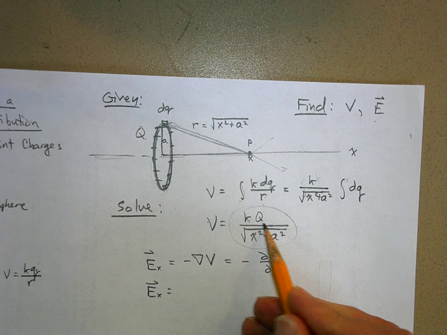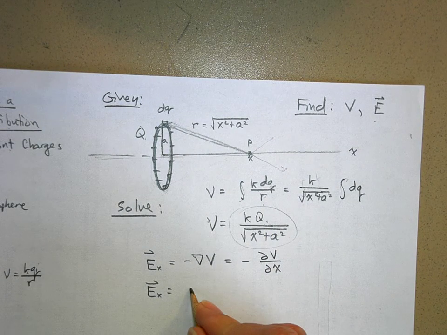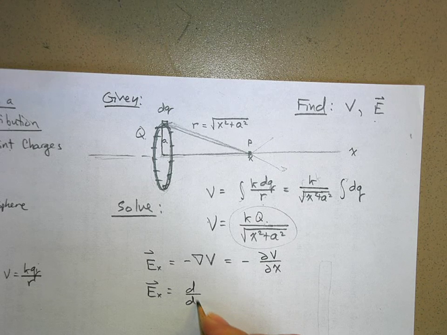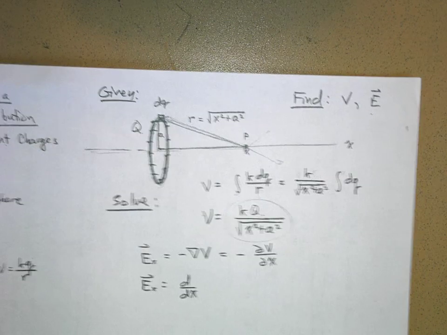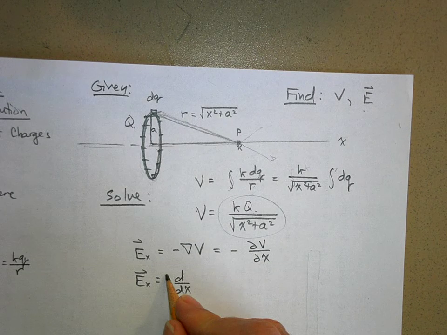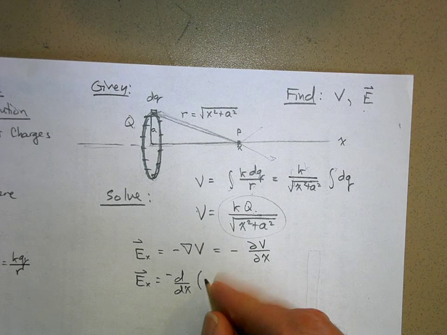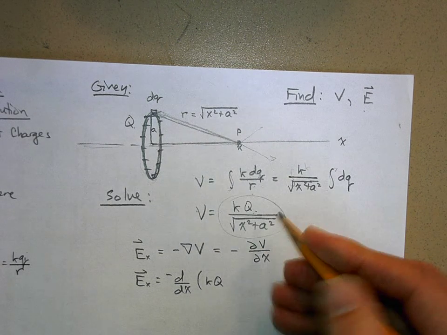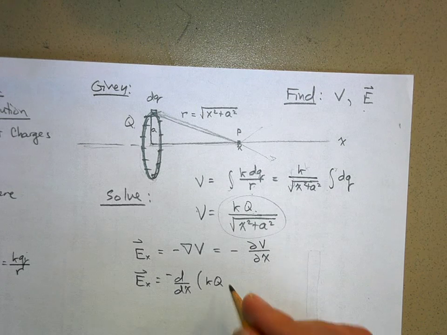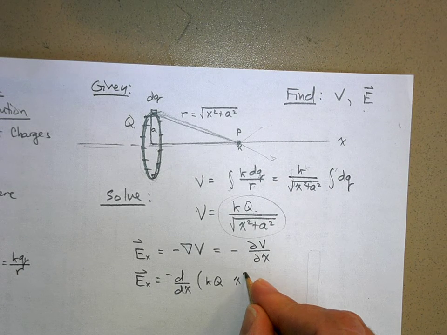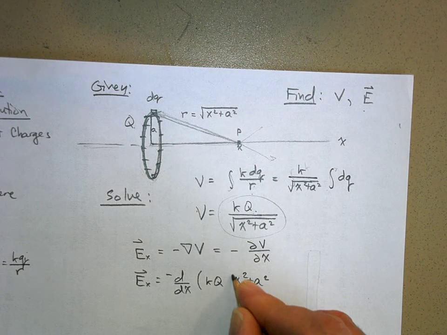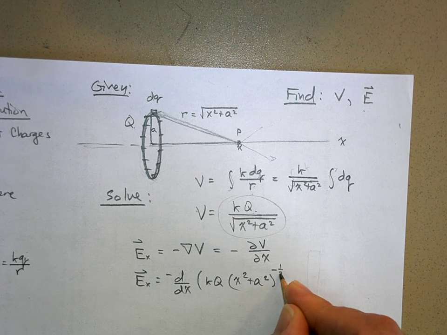Well, the kq comes out. Let's go dx. I'll go ahead and switch to a full derivative because that's really not going to hurt anything. Now I'm going to go ahead and call this kq. But look at this. I'm going to call it x squared plus a squared to the negative 1/2 power, right?